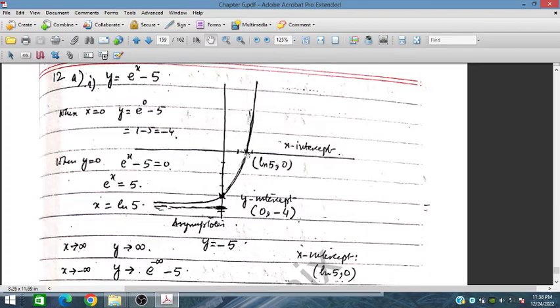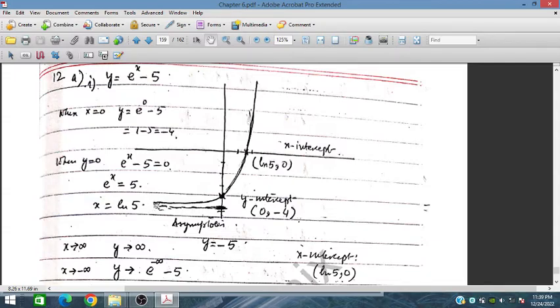So this is the x-intercept, this is the y-intercept, and if x tends to minus infinity, then e power x becomes 0 and y reaches minus 5.